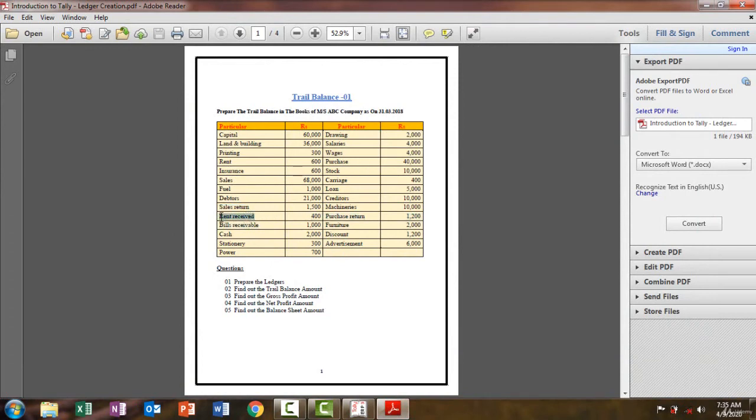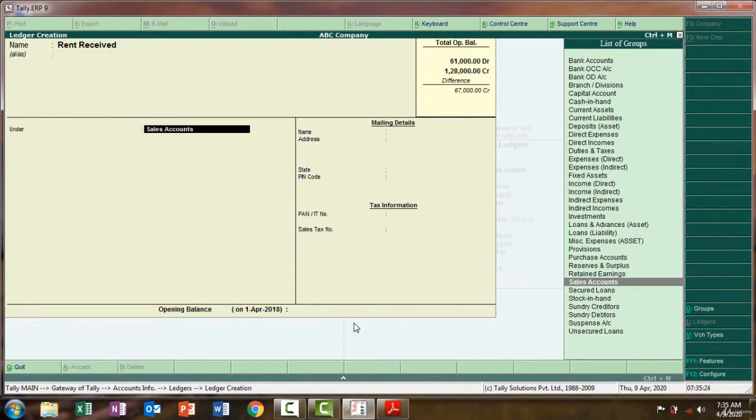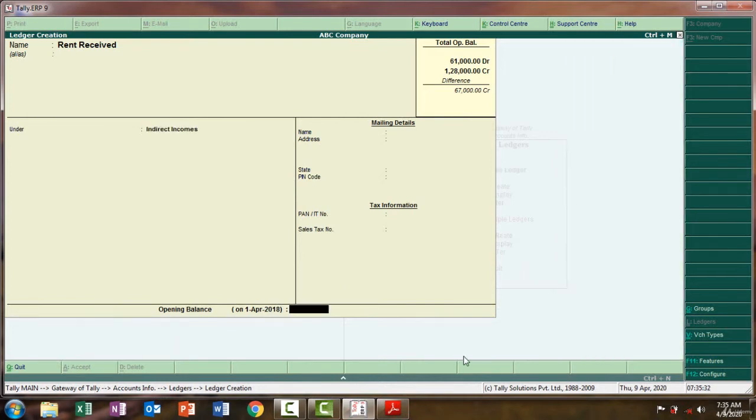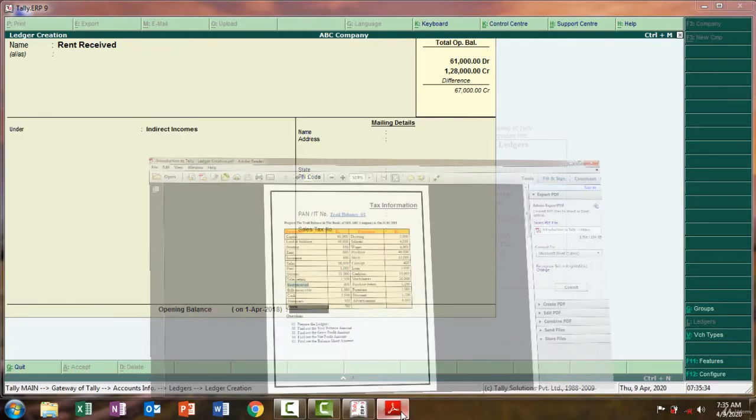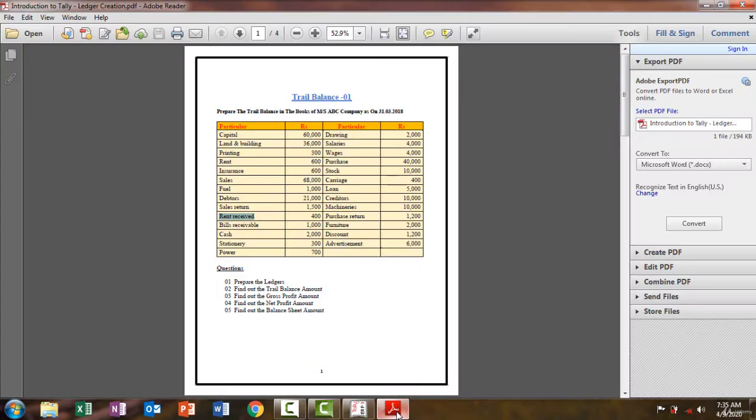The next one is rent received. Rent received is one of the incomes for our company, so I'm going to type rent received. It is indirect income because it is not our main income. The amount is 400. An income account is always credit, 400, correct?